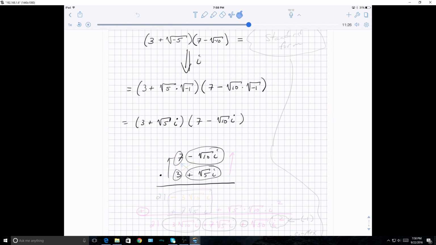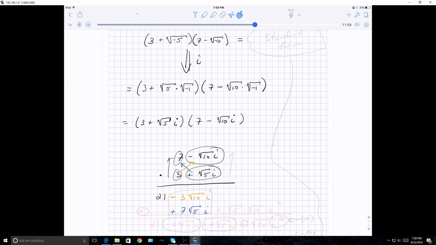So 7 times 3, 21. 3 times that piece, well, one's positive, one's negative, so it's negative 3 root 10 i. And then we have this, which is plus, because they're both positive, 7 root 5 i.